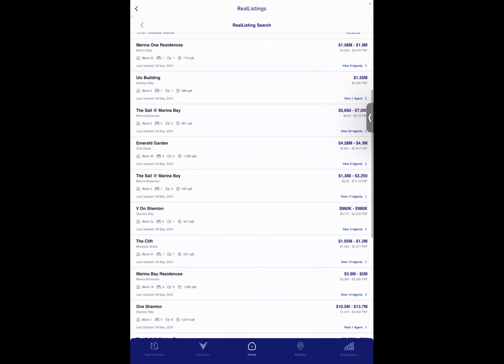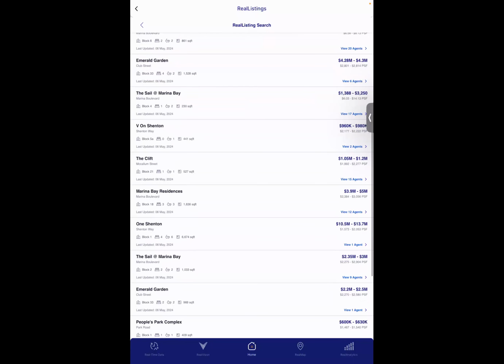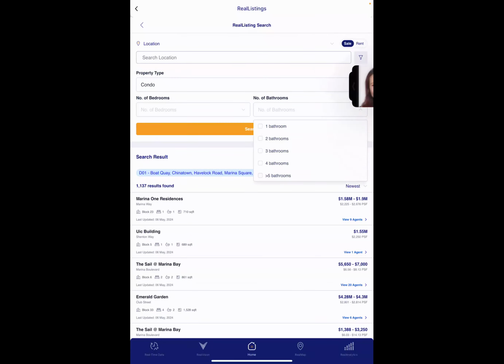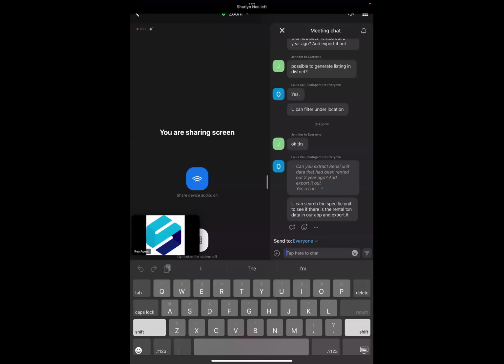Just now there was one more under the search result, D1 plus sale. So instead of finding sales listings in D1, it found all sales listings plus all D1 listings. Okay, this one later I feedback. So you can search by district also, all listings.